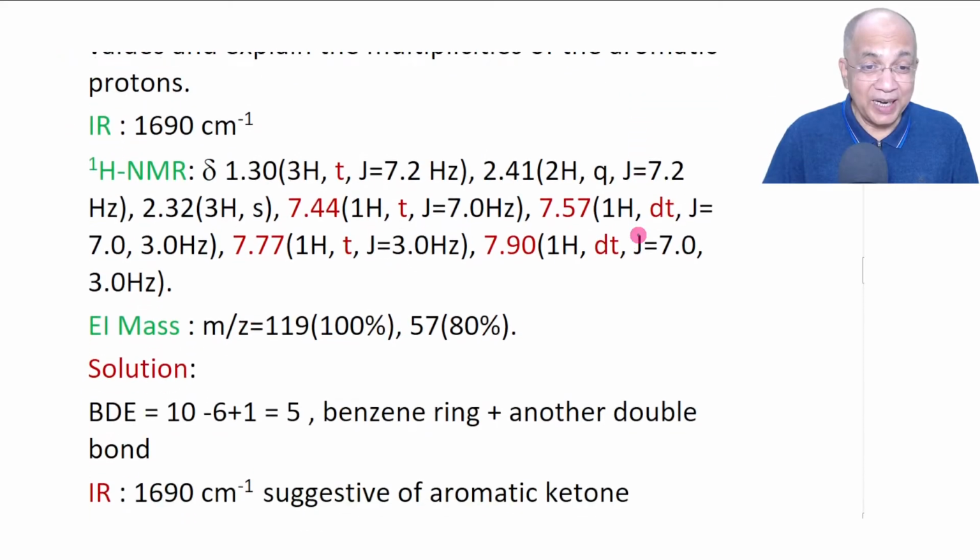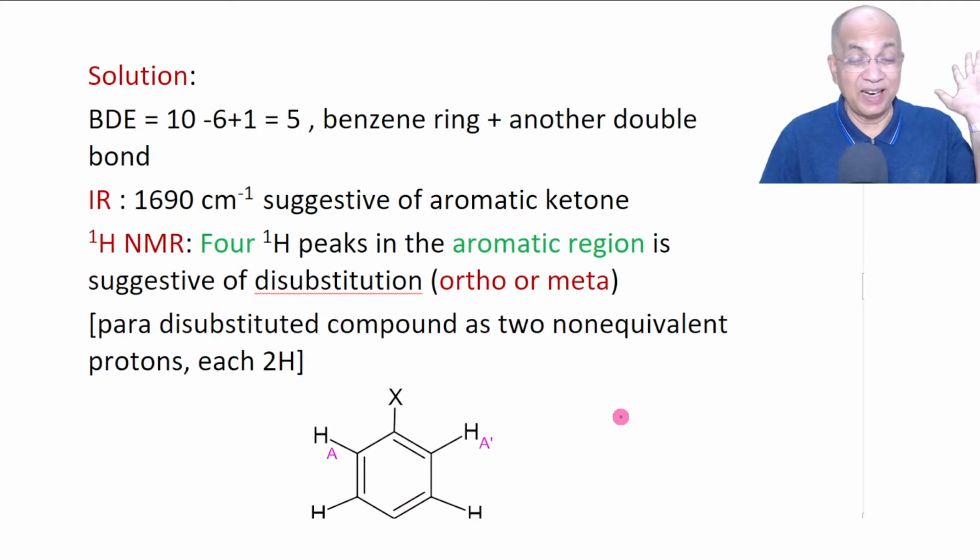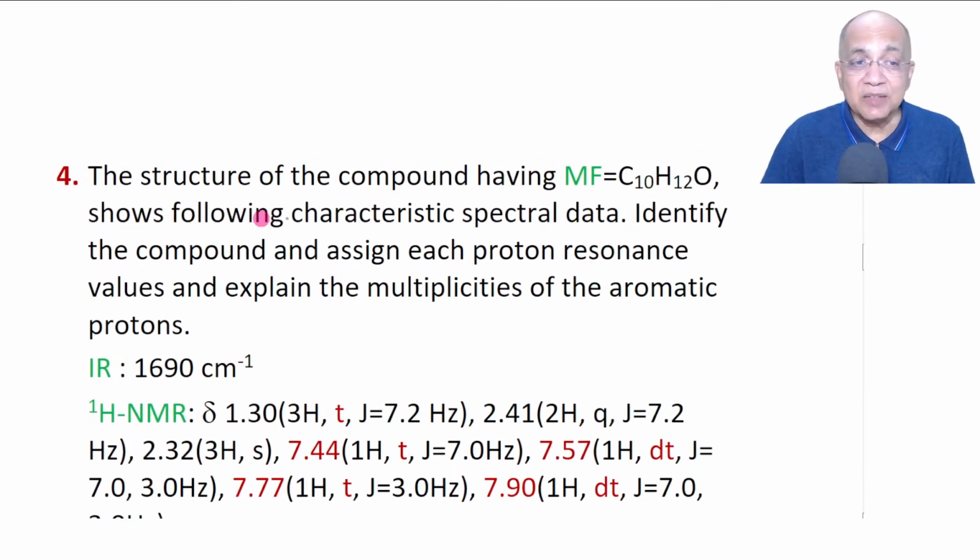I have not given you the choice in the beginning, I have given it at the end. It says that the formula of the compound is C10H12O, shows the characteristic spectral data given, identify the compound and assign each proton resonance values, and explain the multiplicity of the aromatic protons.